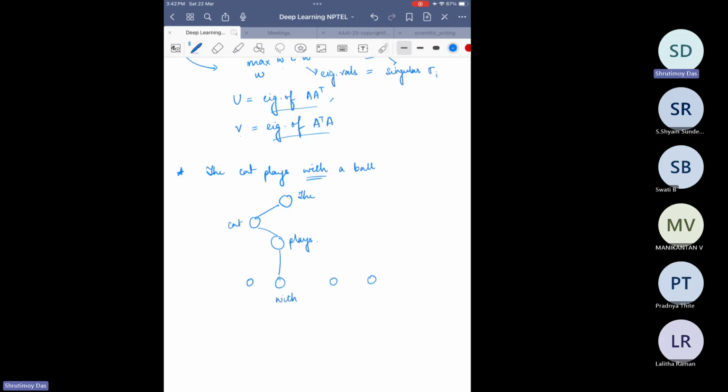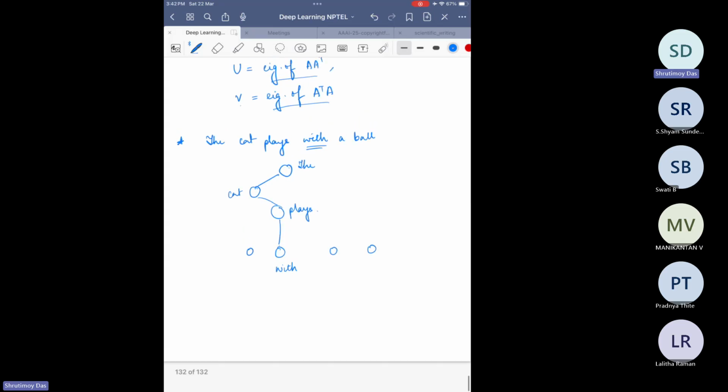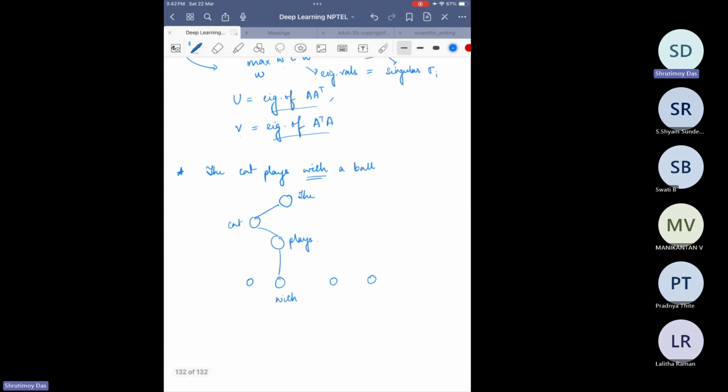Actually, if I remember correctly, there is a theorem about this: we have n nodes, and you are making a tree with n nodes, and the last layer has about n by 2 nodes.